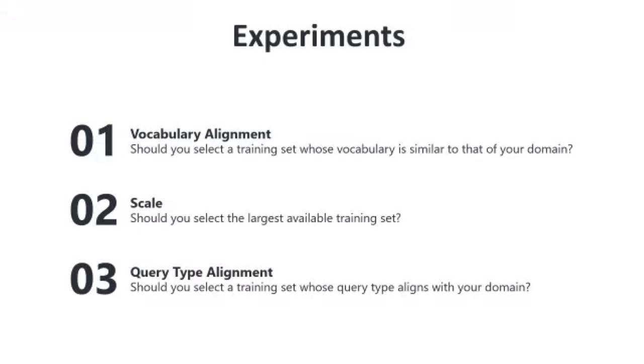The second feature was scale. In other words, should you select the largest available training set? And finally, the third feature was query type alignment. Put simply, should you select a training set whose query type aligns with your domain?